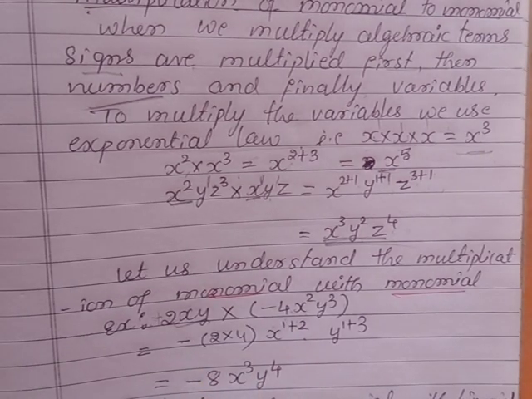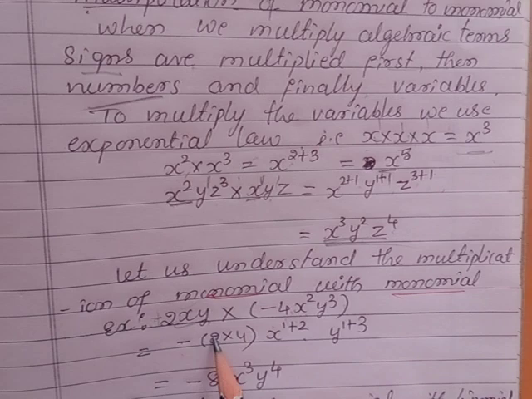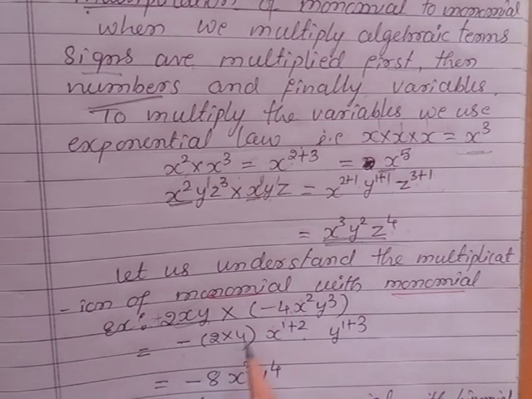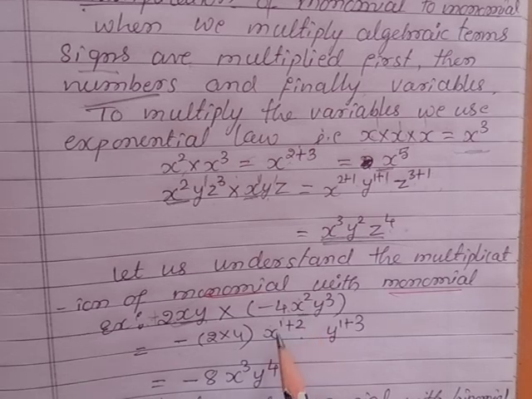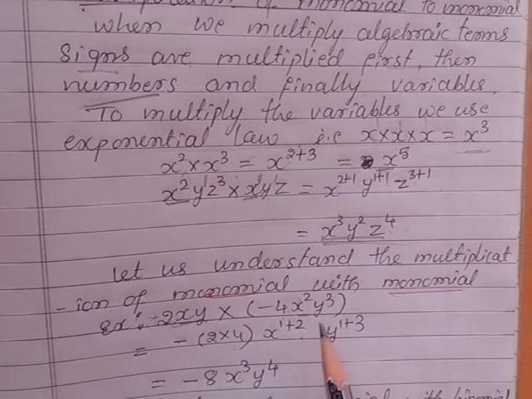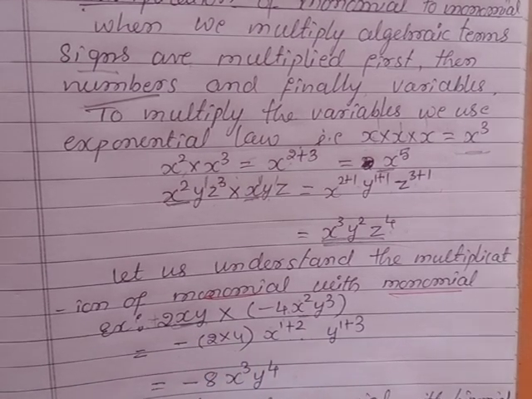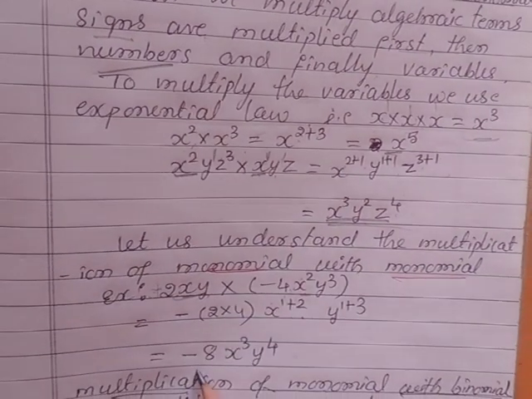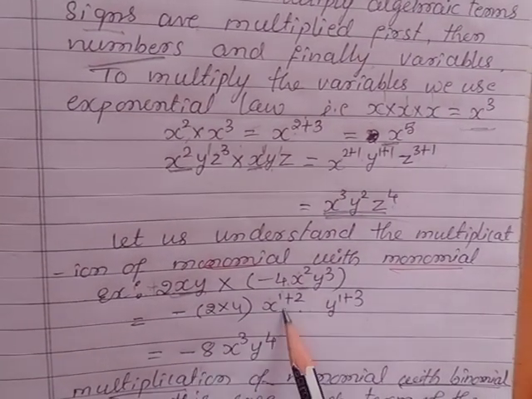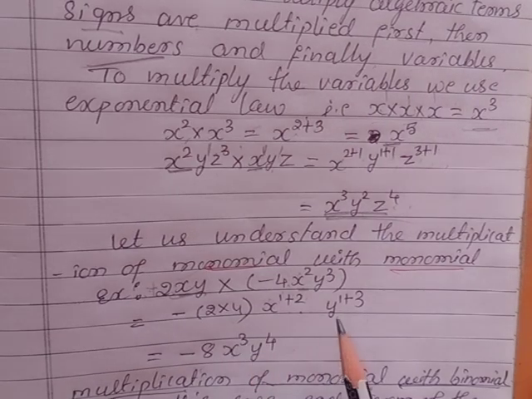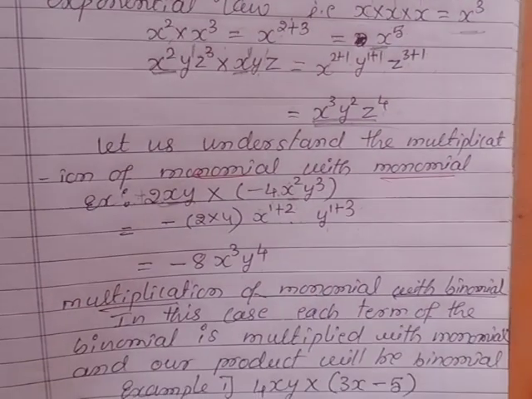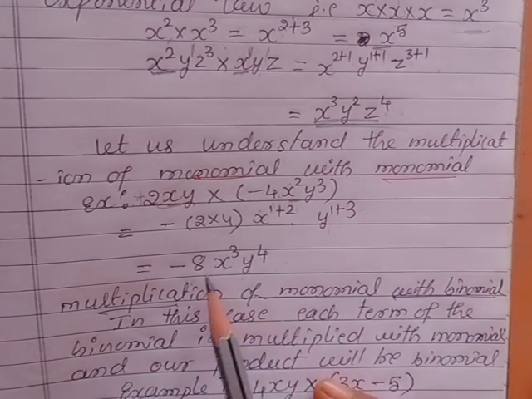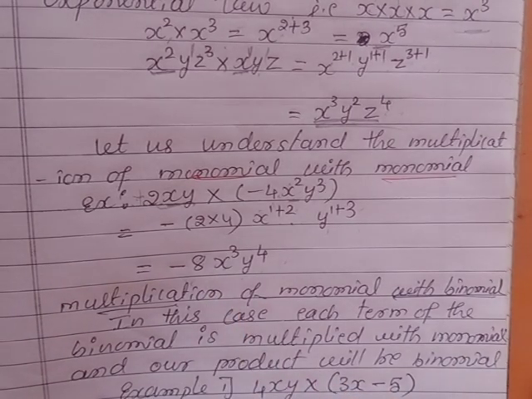The second step is multiplication of numbers, 2 into 4. The third step is variables. x into x square is 1 plus 2. y into y cube is y to the power 1 plus 3. So minus will be as it is. 2 fours are 8 here. By adding, you are getting x cube y to the power of 4. Getting? So this is about the monomial multiplication.